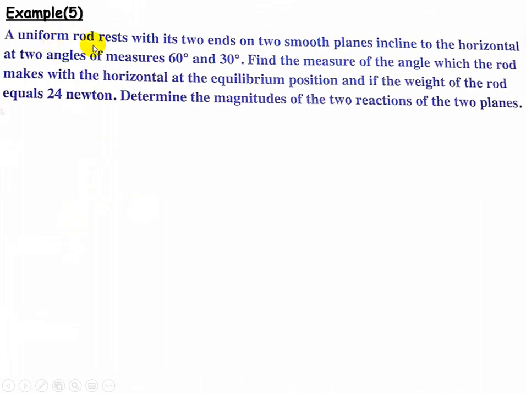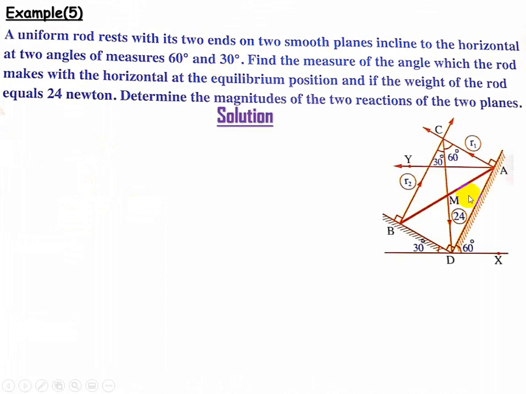Example number 5. A uniform rod rests with its two ends on two smooth planes inclined to the horizontal at angles of measure 60 and 30. So the rod here is inclined. These are the two smooth planes, one of them inclined by 60 and the other by 30. AB is the uniform rod.